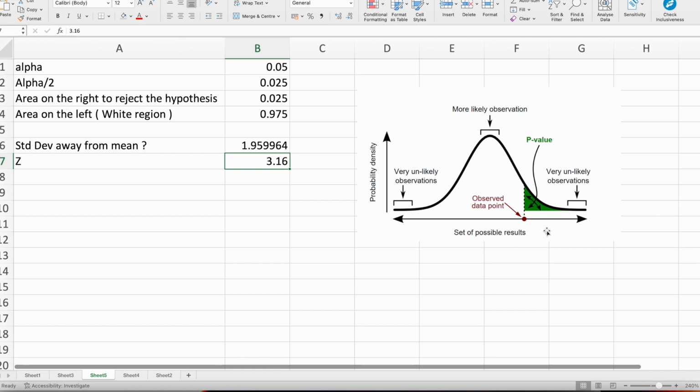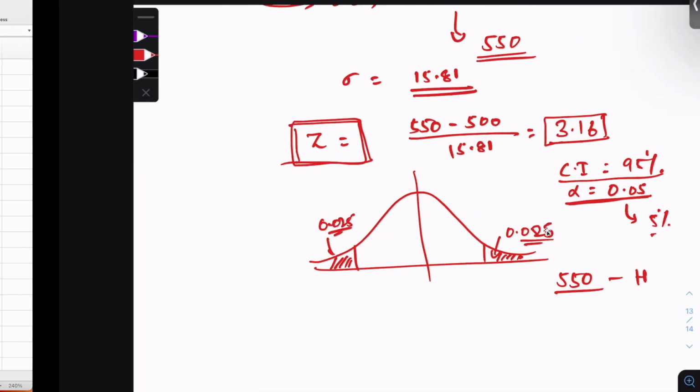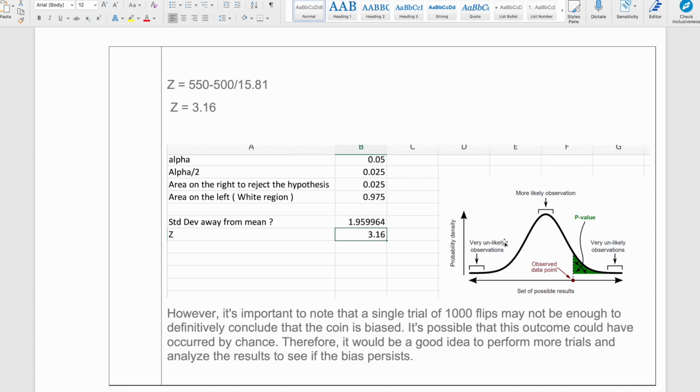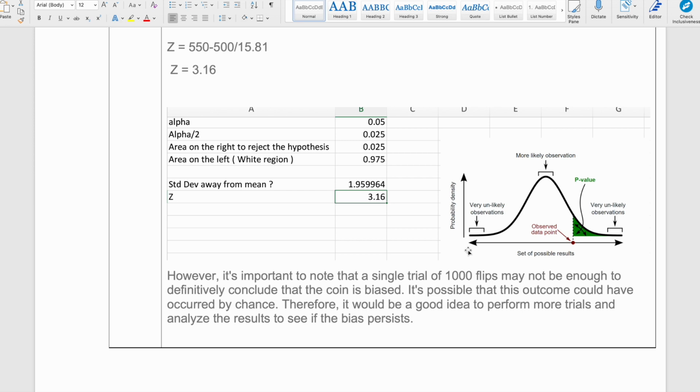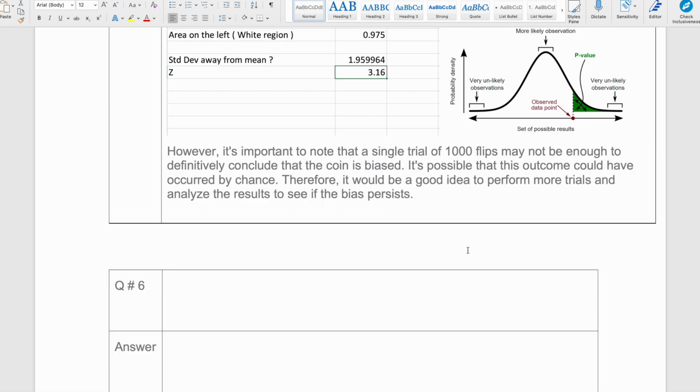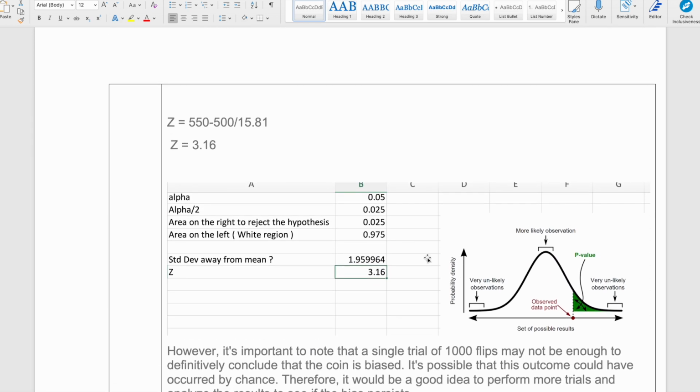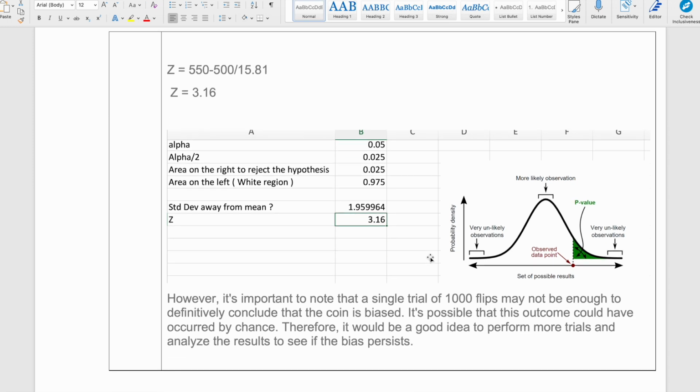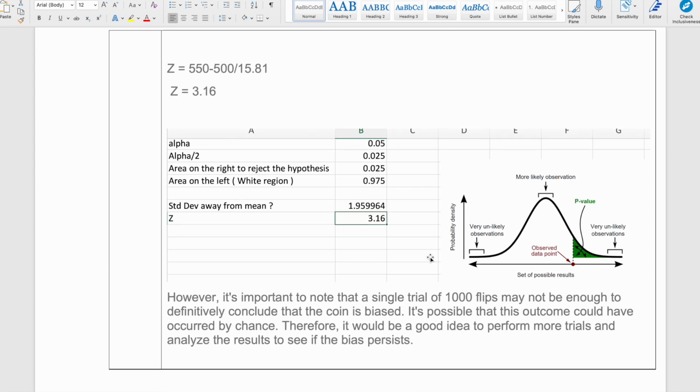If we are rejecting the null hypothesis, what does it mean? It means that with 1,000 flips, this coin is biased, right? That's what it is meaning, correct? Since we are rejecting the null hypothesis, that means the coin is biased.